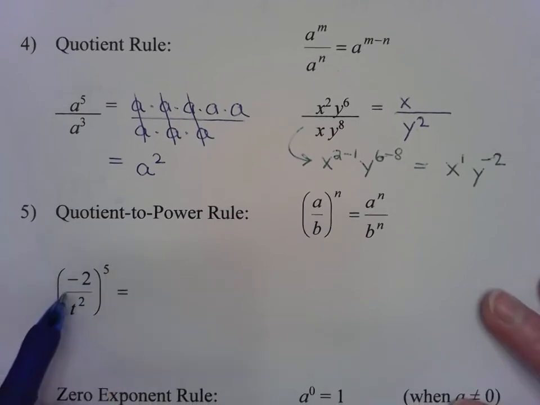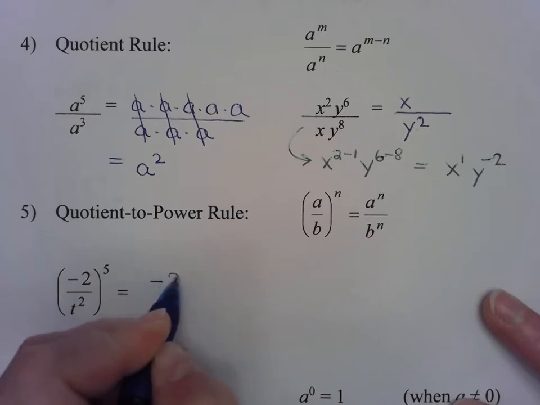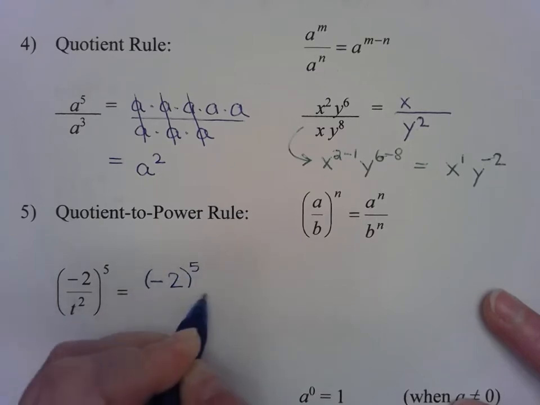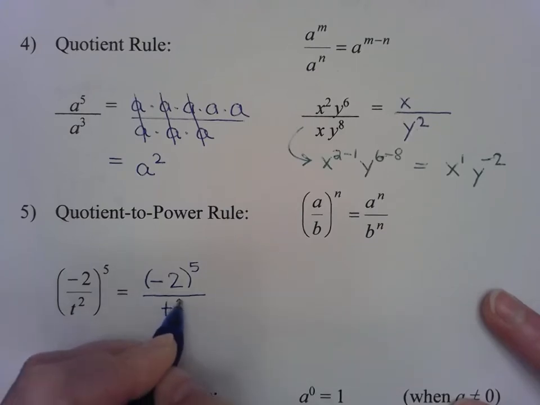Let's say we had negative 2 divided by t squared, and I wanted to raise that to the 5th power. It just means I have 5 copies of this fraction multiplied together. So on the top, I'm going to have 5 negative 2's multiplied together. On the bottom, I'm going to have 5 copies of t squared multiplied together.